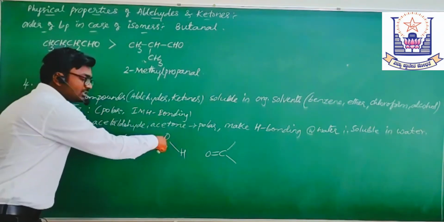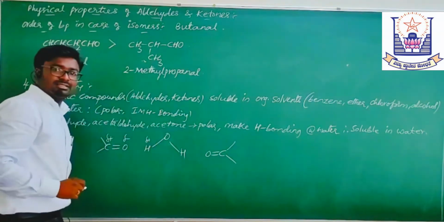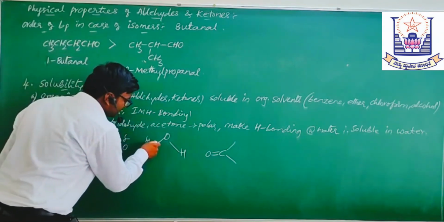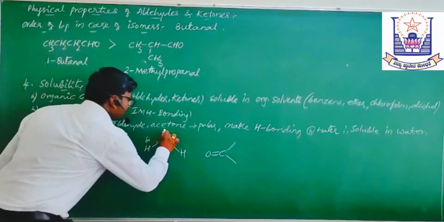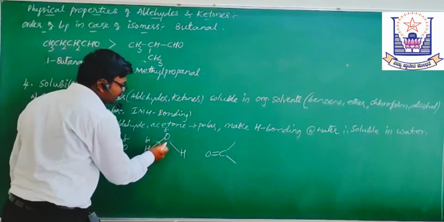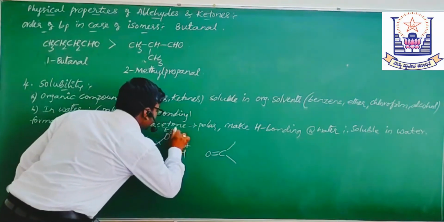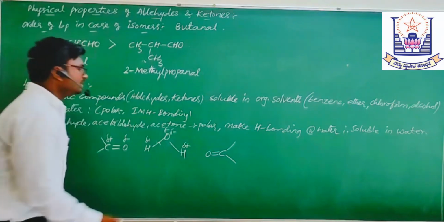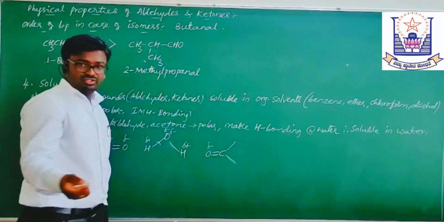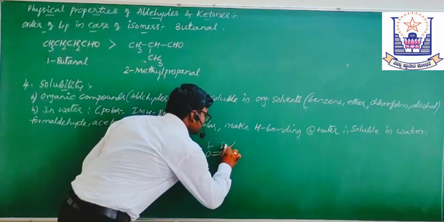The hydrogen of water is also polar, where the hydrogen is delta plus. Why is it delta plus? Because the electronegative oxygen is pulling electrons towards itself, so the hydrogen is deficient in electrons. Again, the oxygen is delta minus. In the carbonyl, oxygen is more electronegative, pulling electrons towards itself, and the carbon is delta plus.